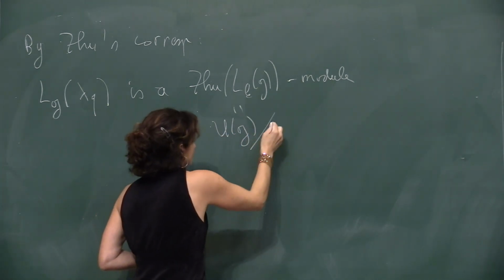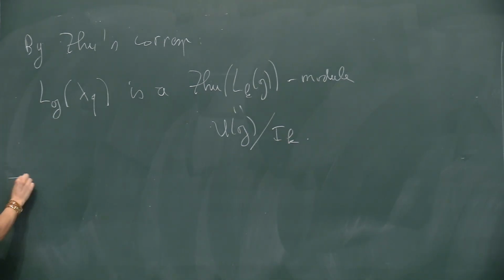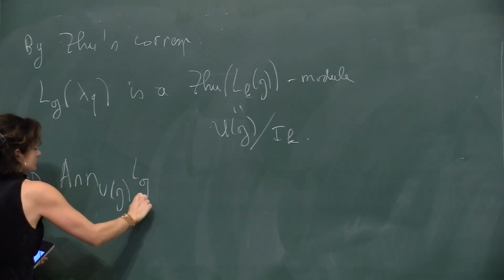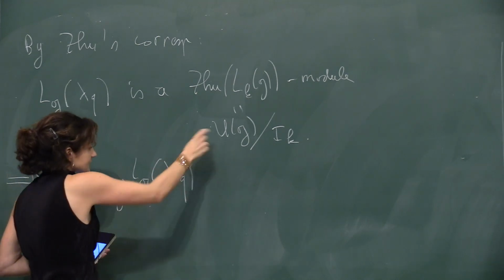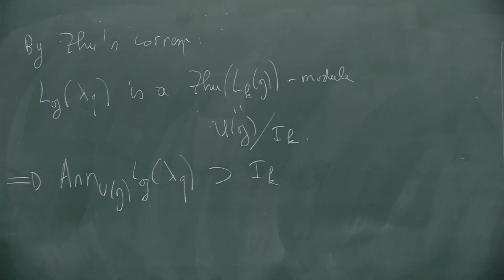So let's say I_K. All right, and so this implies that the annihilator of this one contains I_Q. So this is still not connected with the Zhu's C2 algebra.